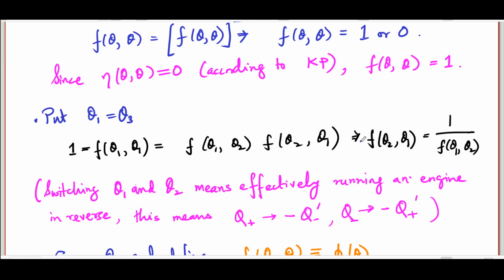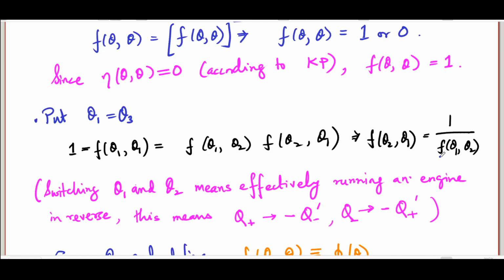In other words, if you switch the two arguments theta 1 and theta 2, the function must become its own reciprocal. Now that's also very easy to understand from a physical point of view. Switching theta 1 and theta 2 essentially means effectively you're running the engine in reverse. Whatever was giving heat before is now taking in heat.